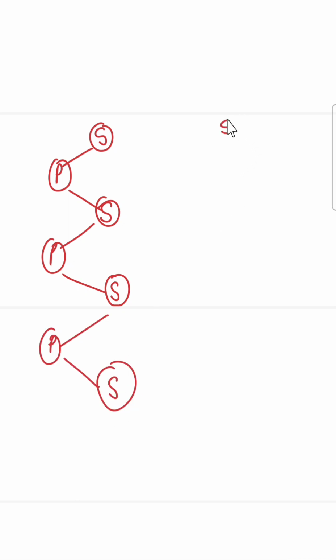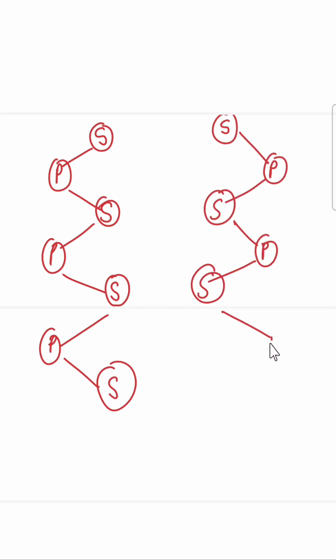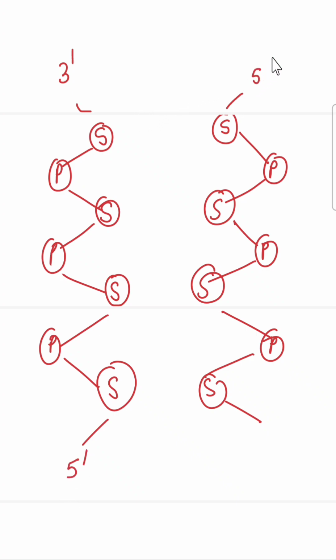Similarly, sugar, phosphate, sugar, phosphate, sugar, phosphate, again sugar, and so on. Here it is 3 prime, then 5 prime. Here it is 5 prime, here it is 3 prime. So the polarity, 3 prime and 5 prime, what is this? These are the carbons of the sugar unit that are flaunted at the ends.